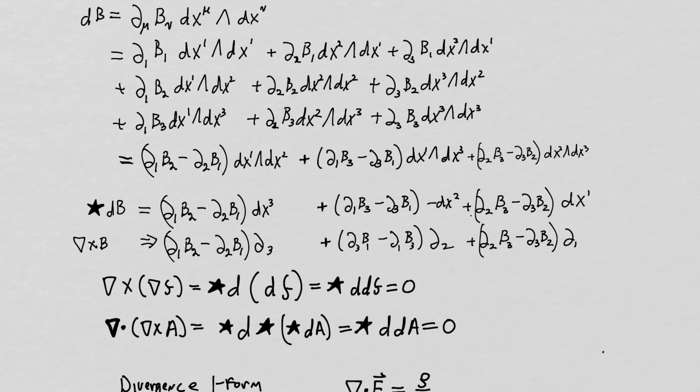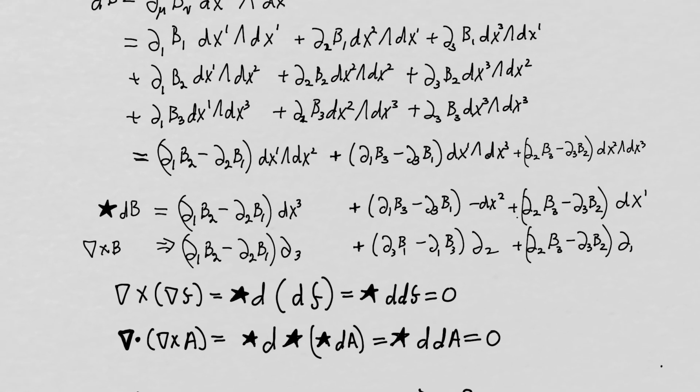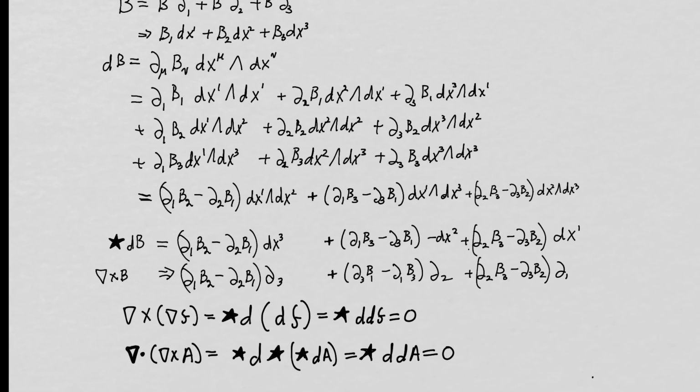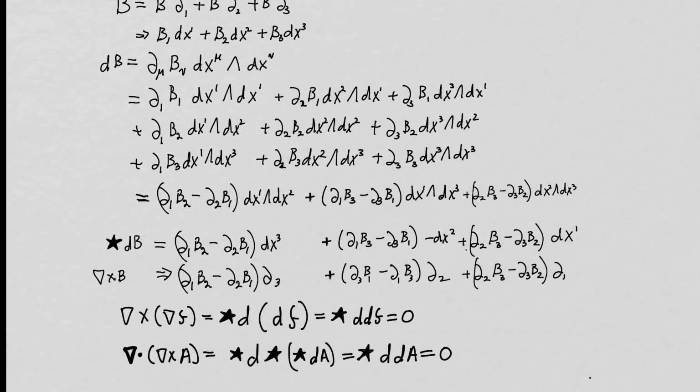Phew. So now we have an expression for the curl of a vector field in the Gibbsian sense: it is the Hodge dual of the exterior derivative of the equivalent form field. And so now we can express curls and we can express divergences for one forms.